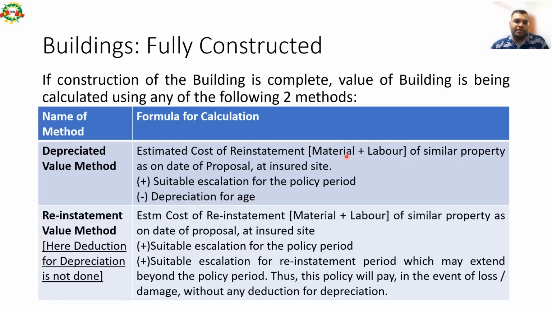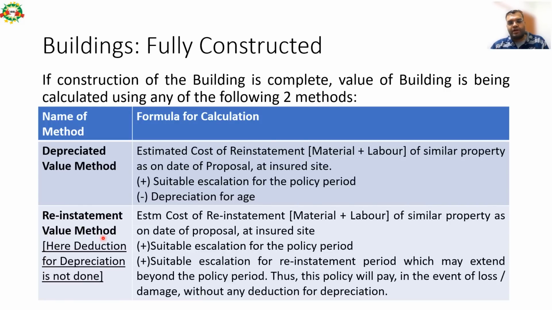Then we add suitable escalation for the policy period, and then we deduct depreciation for the age. So RCN minus depreciation plus escalation for the policy period. In the reinstatement value method, because the reinstatement clause is there, it is a zero depreciation type policy, so no deduction for depreciation will be done.